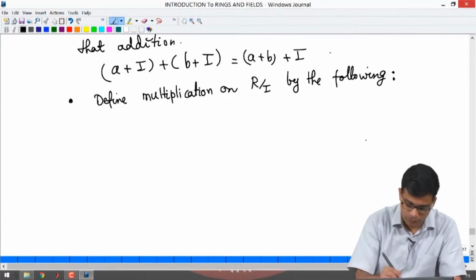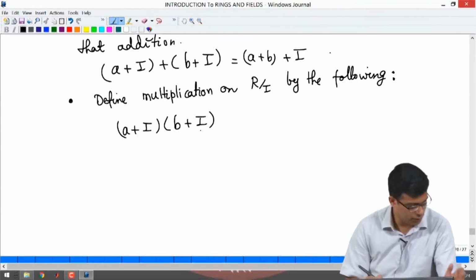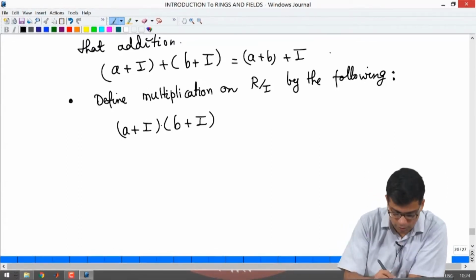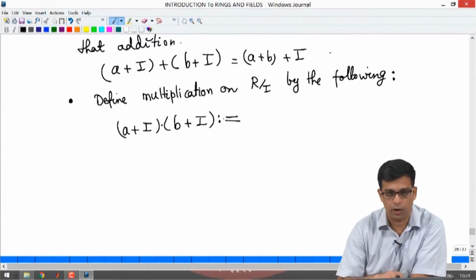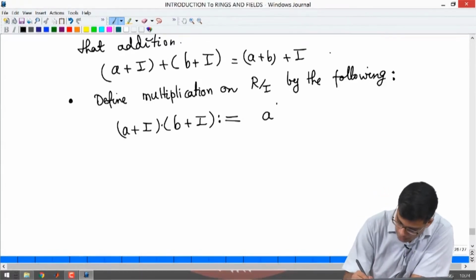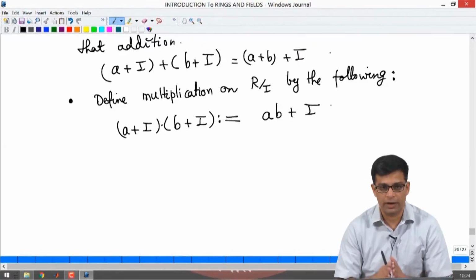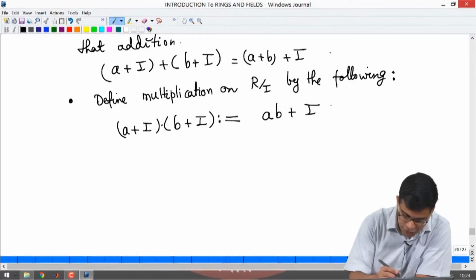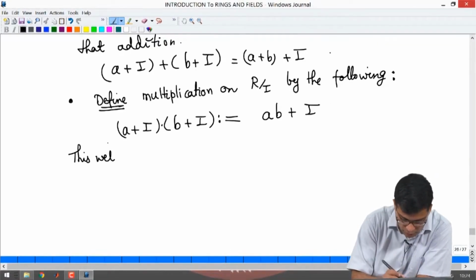I take a plus I and I take b plus I. There is one natural thing to do here. I take one coset a plus I, another coset b plus I, and I define the product to be ab plus I. This is natural to do. Still we have to check various things. We have to check first of all that it is well defined. This is my definition. We need to check that it is well defined. Why?